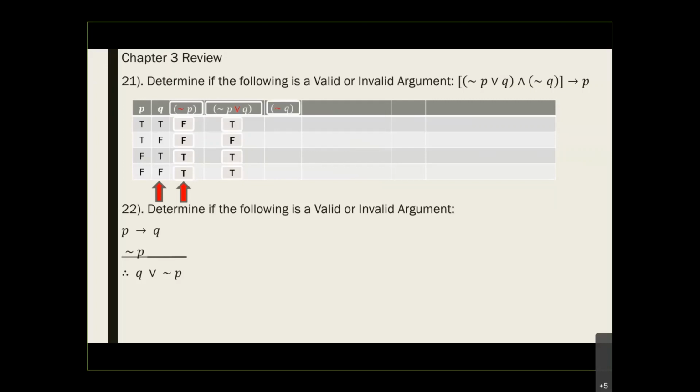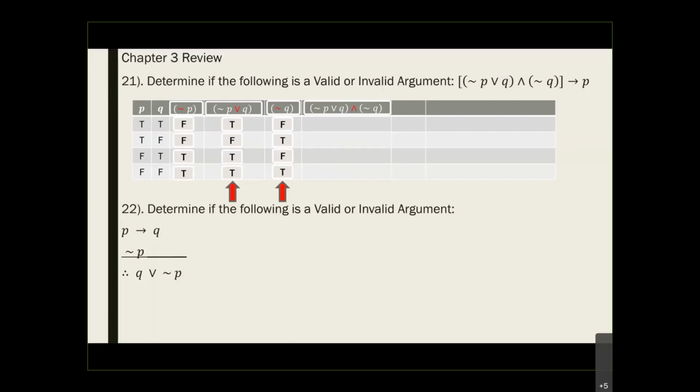In order to do the and statement, I need the negation of Q, which is easy: whatever Q is, we have false, true for the negation of Q. Now I can do my and statement. We look at the parenthesis, which is my 4th column, and the negation of Q, which is what I just found.